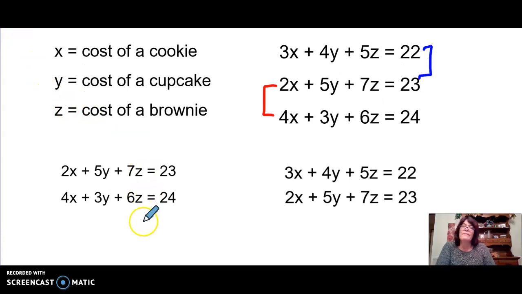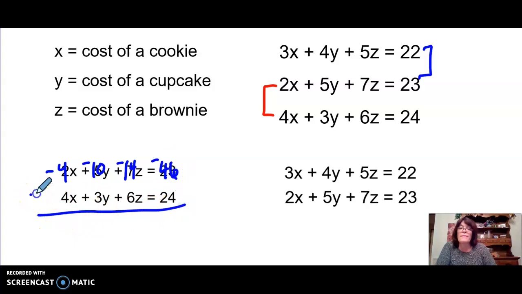Okay, the reason is because I'm looking here and it looks like I could just multiply this by -2 and get the x's to cancel. So I'm going to multiply everything here by -2. That'll give me a -4, a -10, a -14, and a -46.